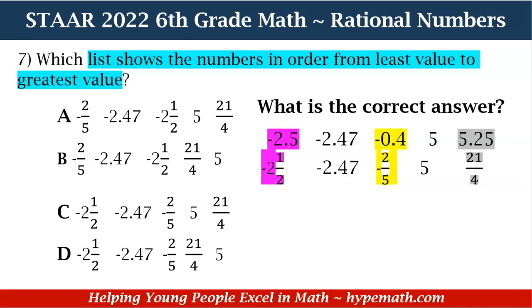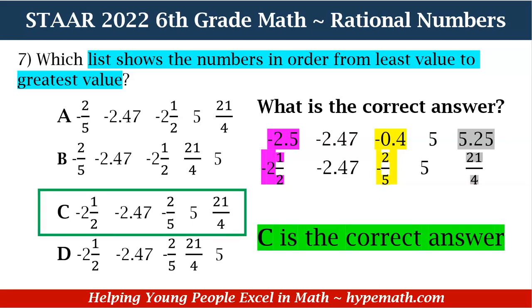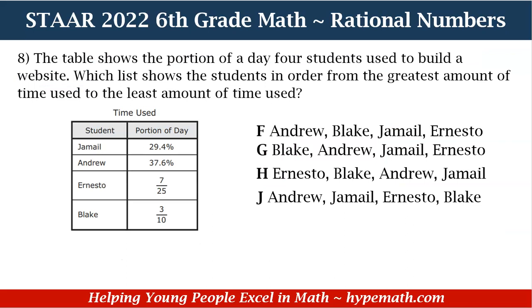And if so, what letter is it? If you said C, you are absolutely correct. So the list of numbers in order from least value to greatest value is -2.5, -2.47, -2/5, 5, and 21/4.